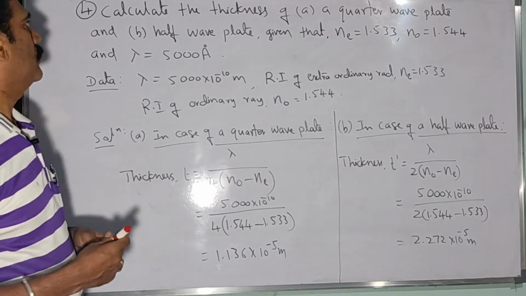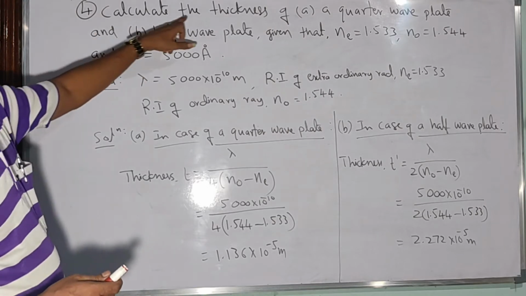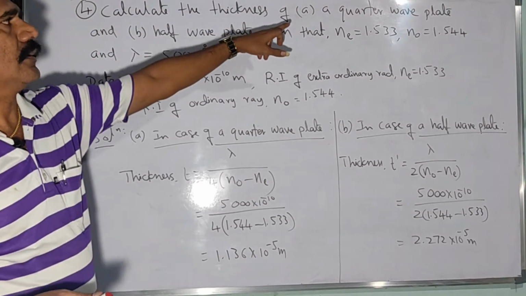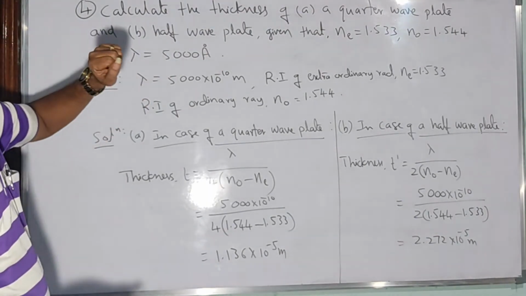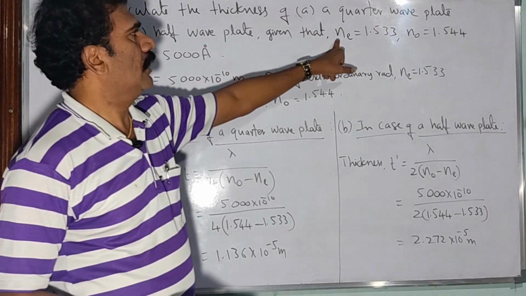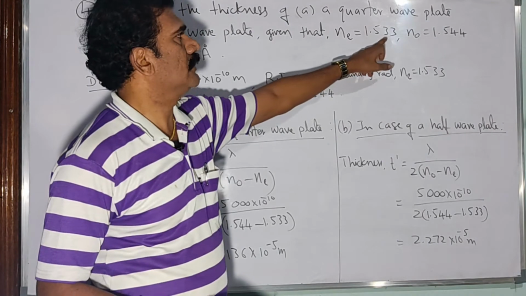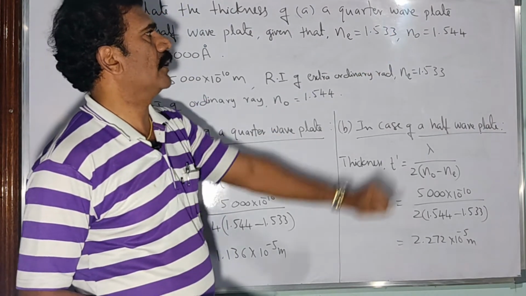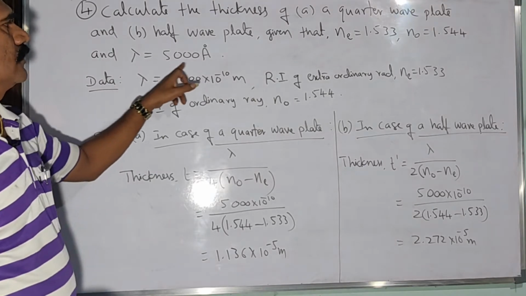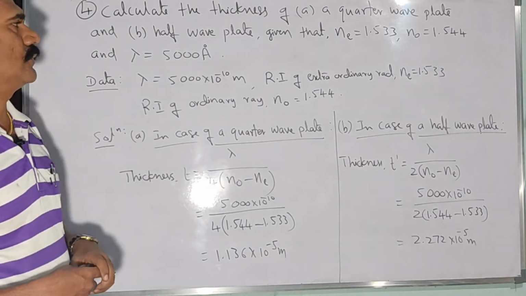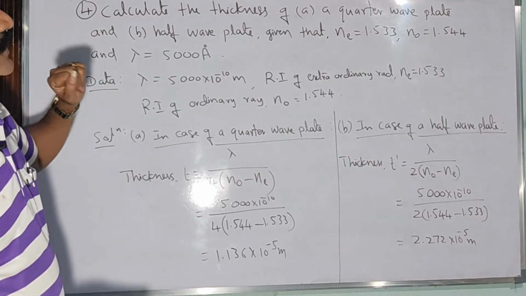Okay, note down the next problem. Calculate the thickness of a quarter wave plate and half wave plate. With the given data, NE is equal to 1.533 and NO is equal to 1.544, and lambda is also given, 5000 angstrom unit. So first consider what is the given data here.